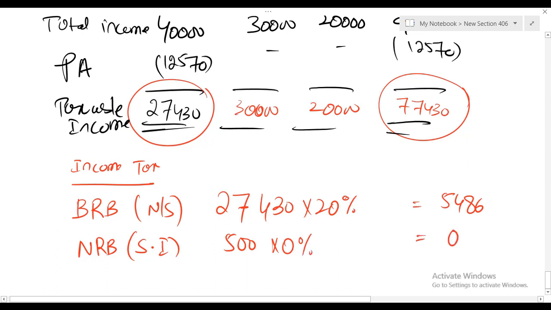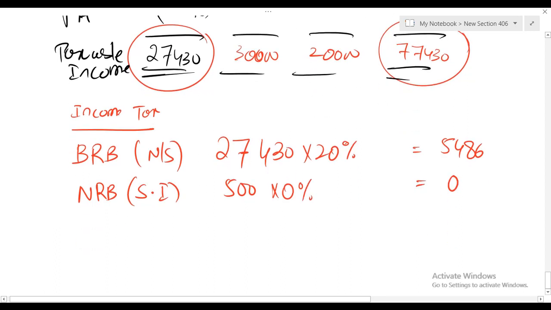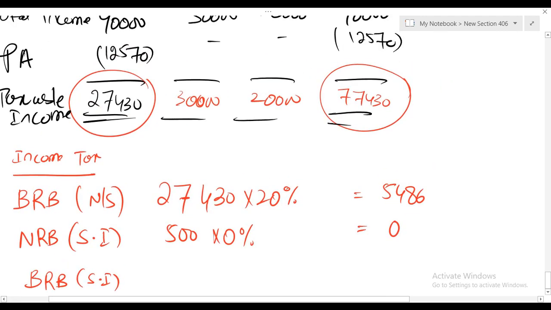0%. Okay. Now we need to check how much space is left for basic rate band. Let's apply. Basic rate band, saving income. The limit of the basic rate band is 37,700.